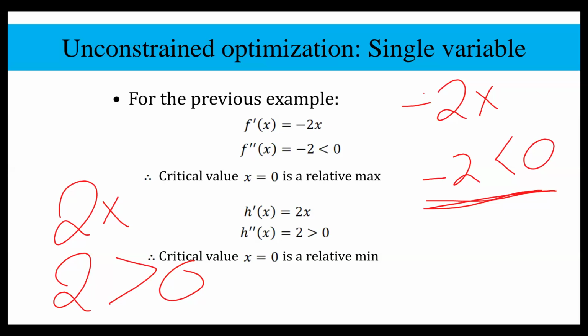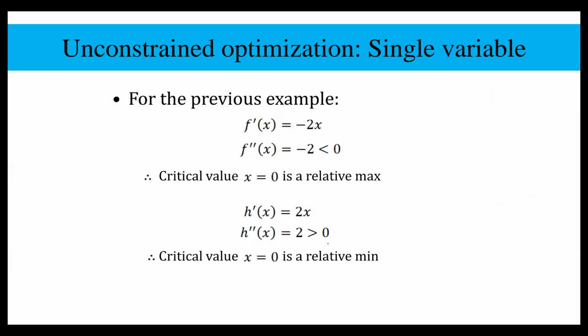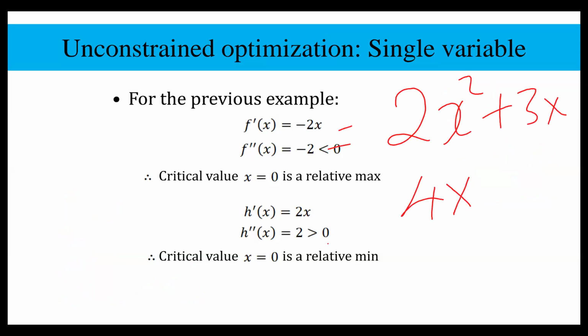Your question should be, what if, sir, you have a higher order function, maybe 2x squared plus maybe 3x. When you do the first derivative, what do you have? 4x plus 3.